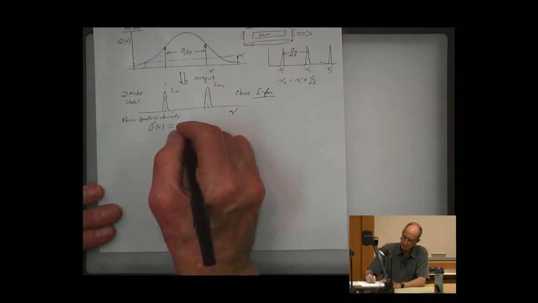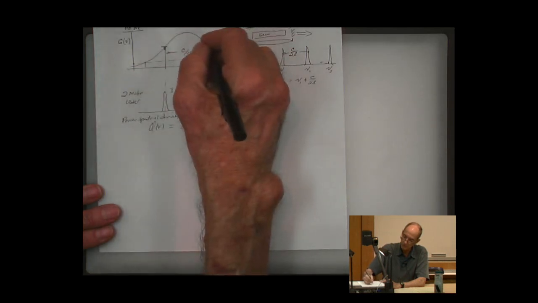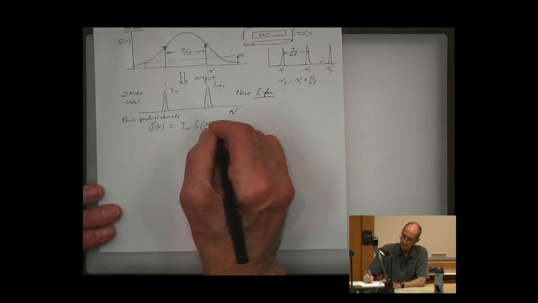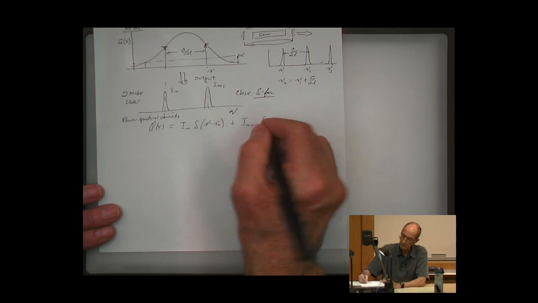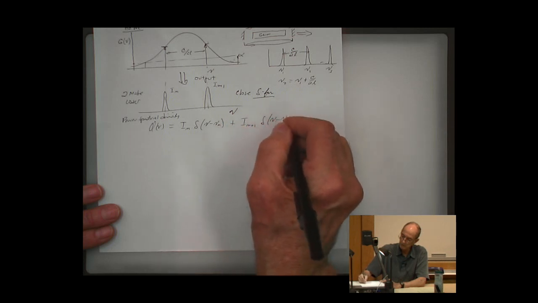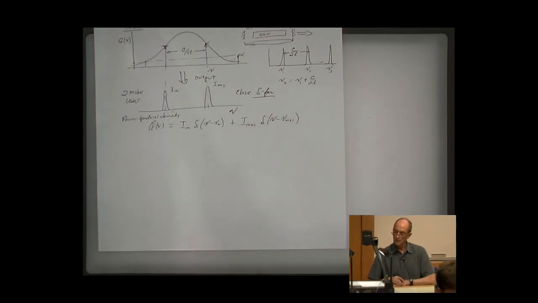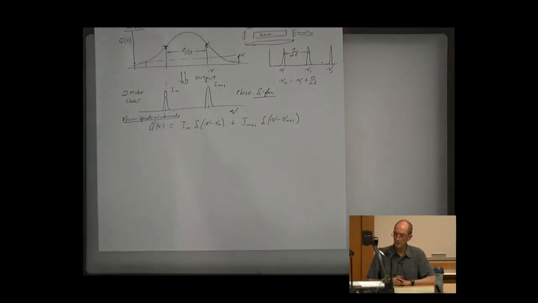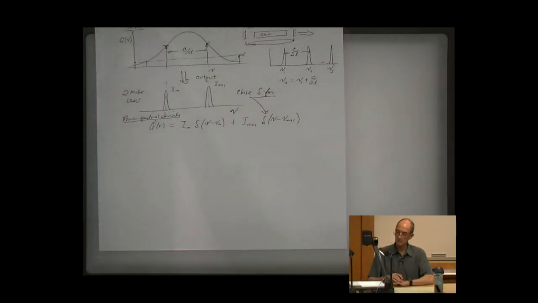So we have a magnitude of I sub n, which is set by this gain profile that we have here, times delta of nu minus nu sub n, plus I sub n plus 1 times delta of nu minus nu sub n plus 1, all right? So we've just written this power spectral density. And again, this assumes that we're close to a delta function for that width, so it's very narrow and so forth.